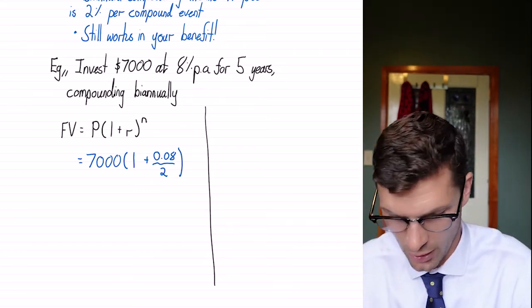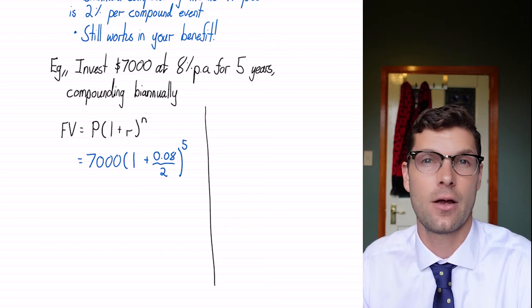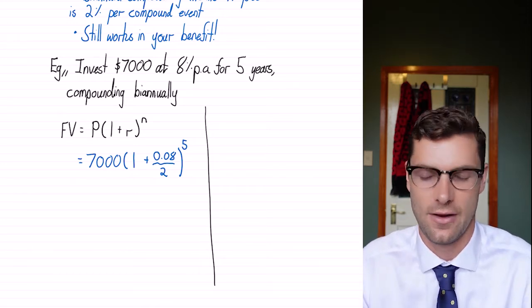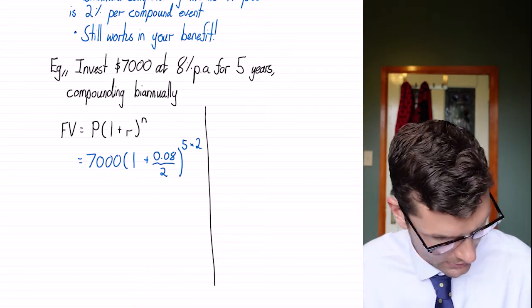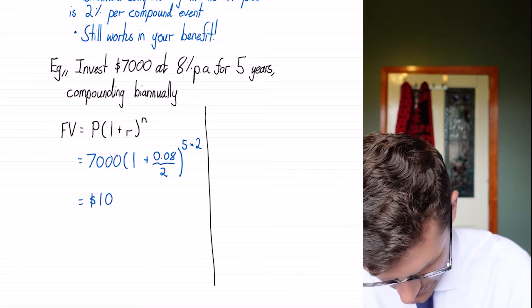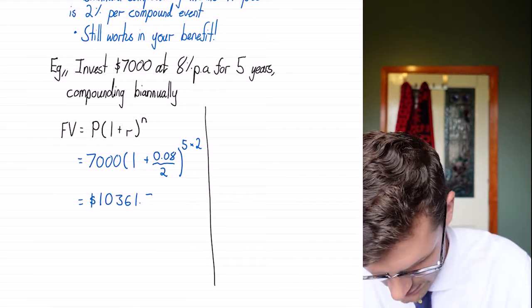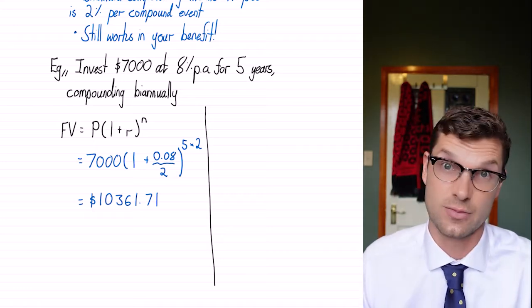And then we multiply this by N. So we know that our N is 5, but we're getting it twice every year, so we multiply this by 2. If we throw that into our calculator, we get $10,361.71. So we've made $3,000 in 5 years, which is pretty good.